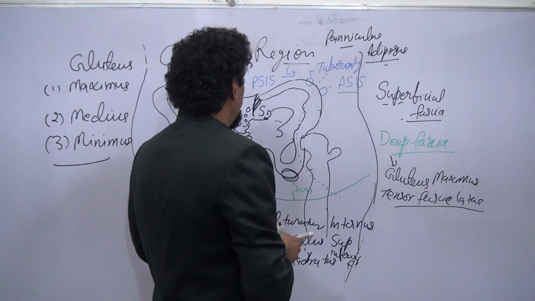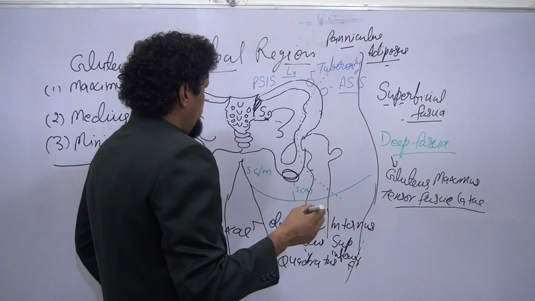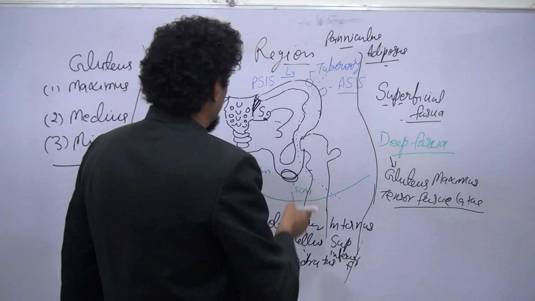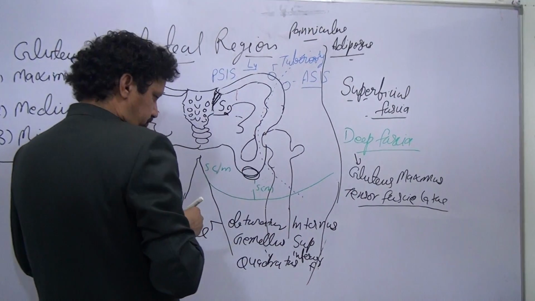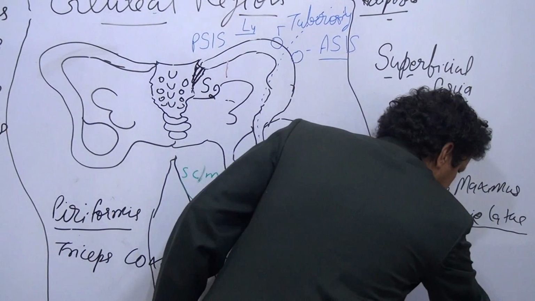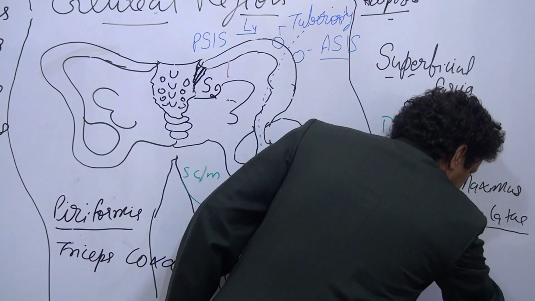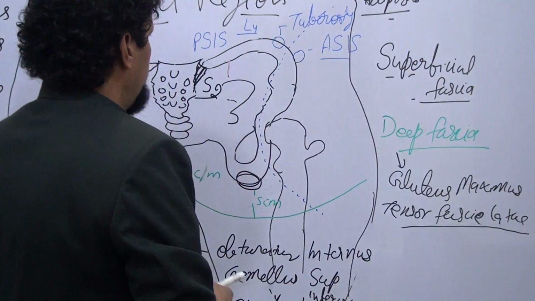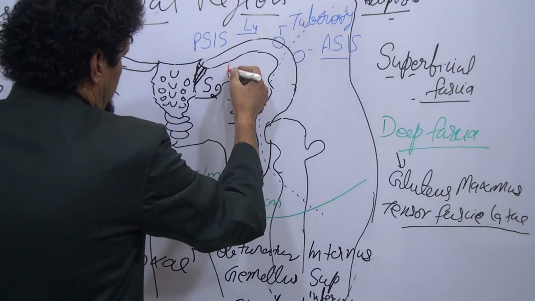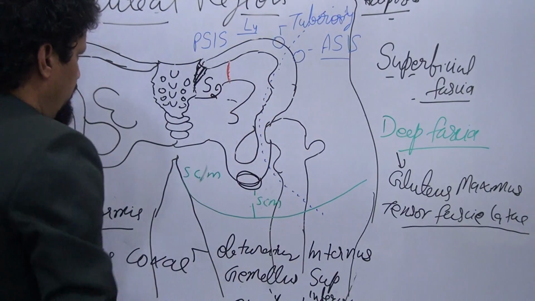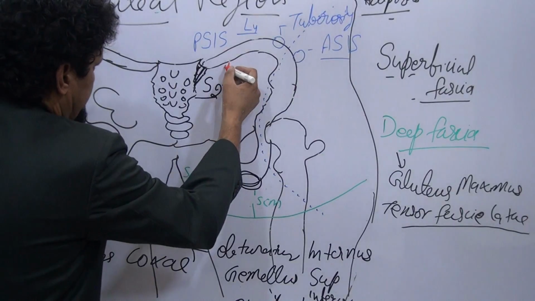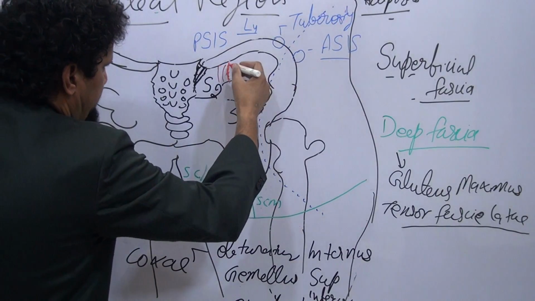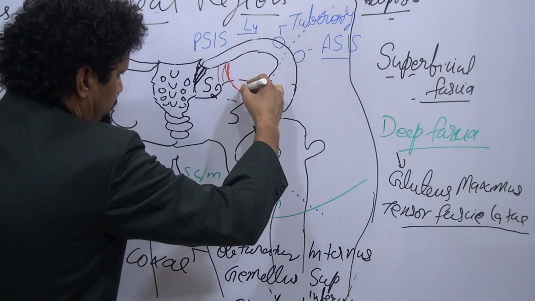This muscle is having multiple origins. So this is the posterior gluteal line, the part of the ilium behind the posterior gluteal line. This is the part which is behind the posterior gluteal line.